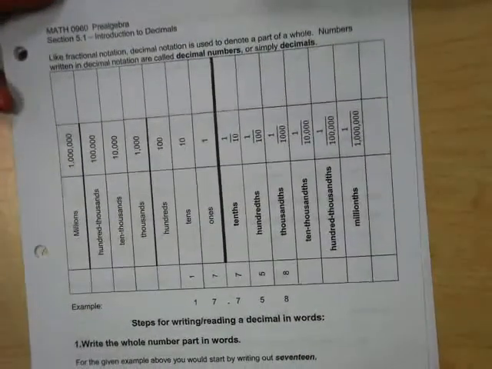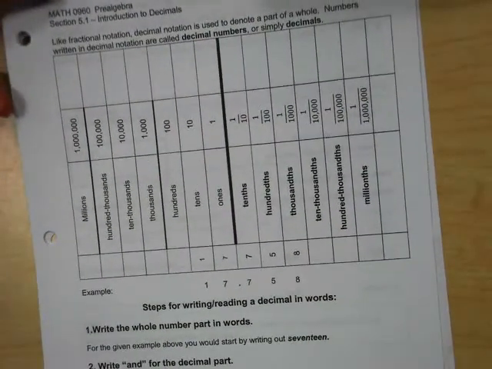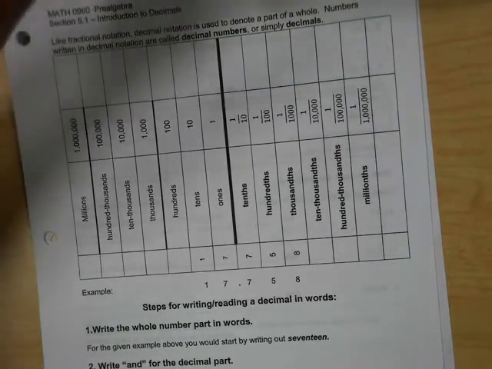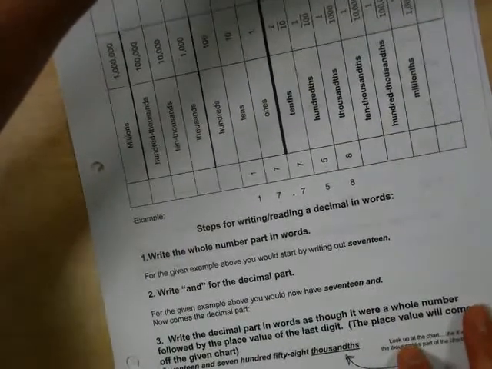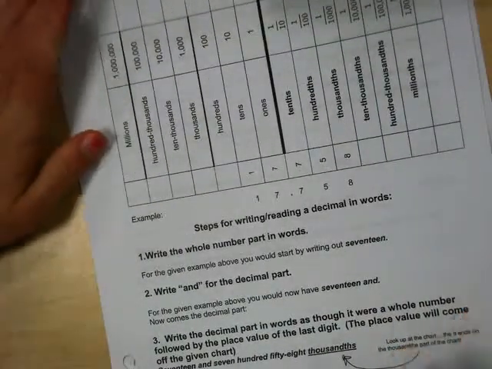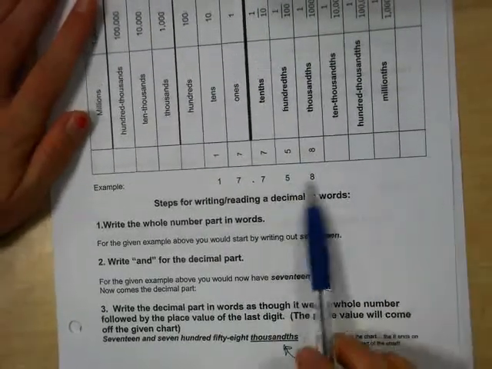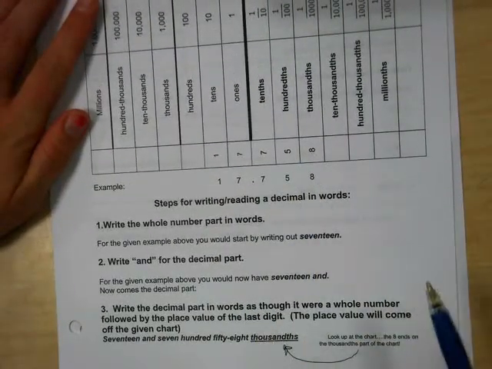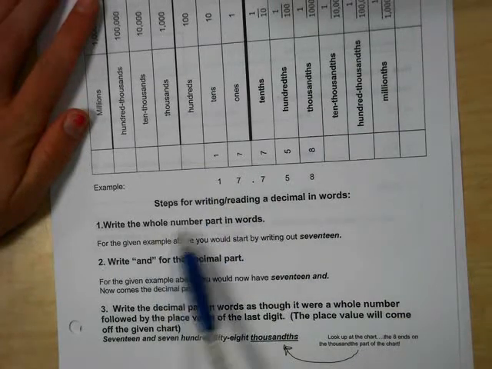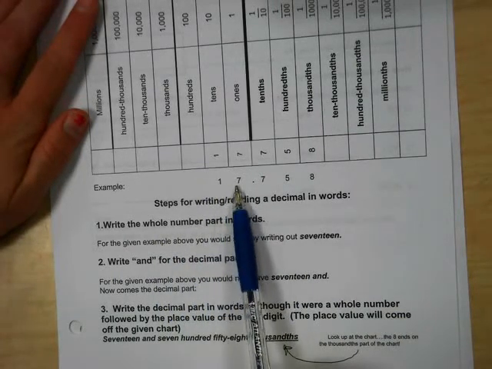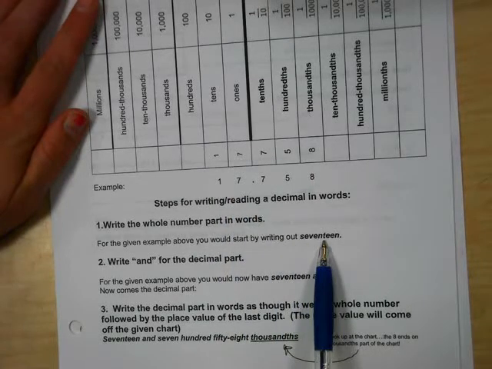Alright, so I made this chart on how to read decimals. There are some real quick steps for writing and reading a word in decimals. I have this number written out, 17.758, and I want to know how to write this out in words. Number 1, write the whole number part in words. So I'm going to write out 17.